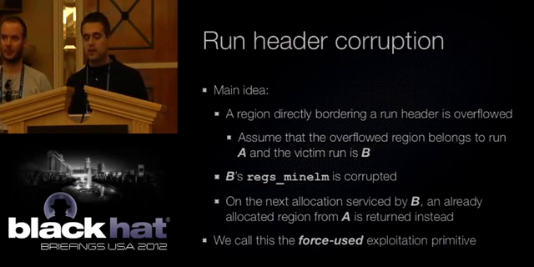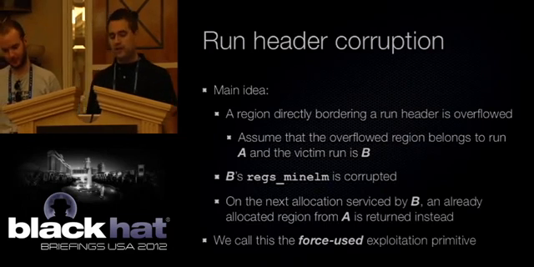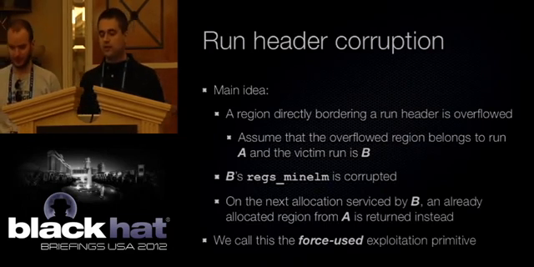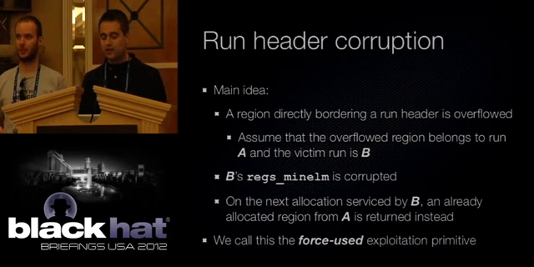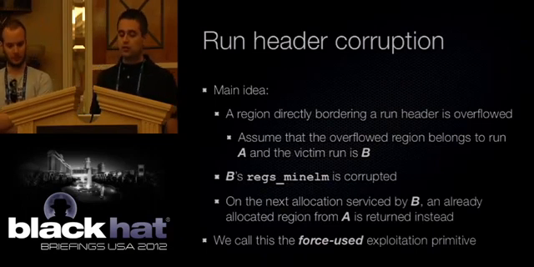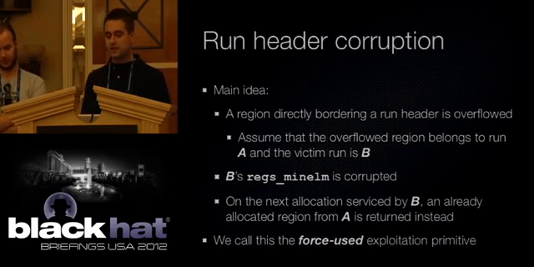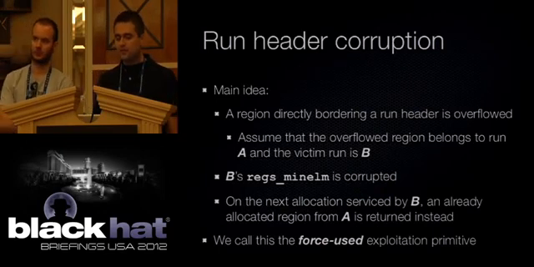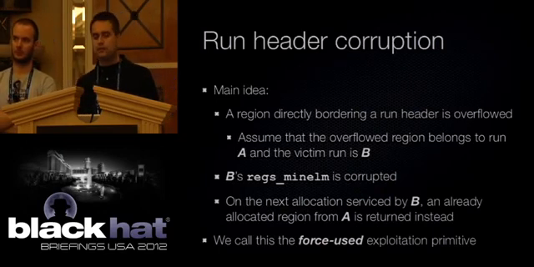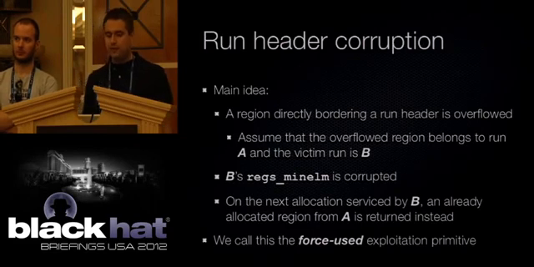So basically, let's assume that we have a region that we can trigger an overflow bug on that belongs to run A, and then you have a victim run B that starts immediately after run A.